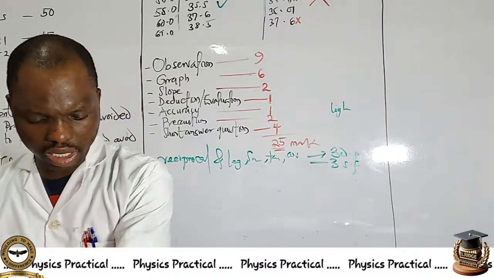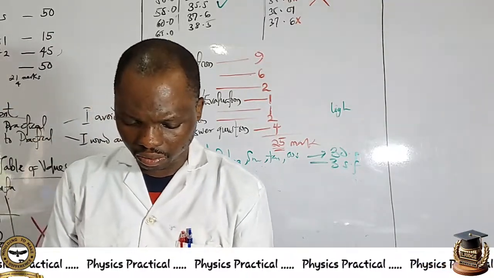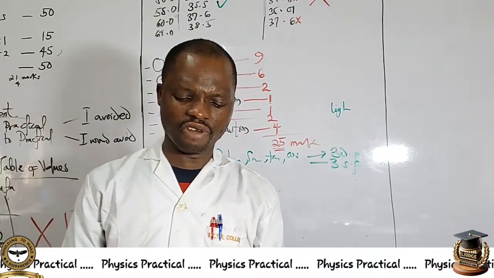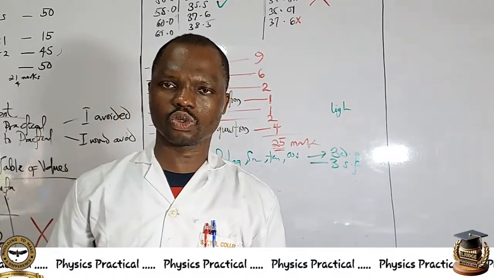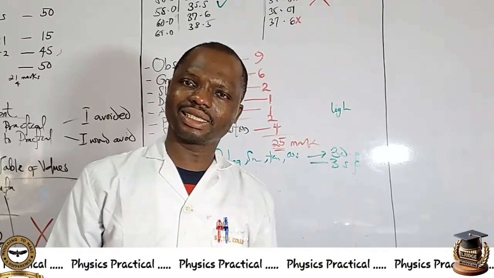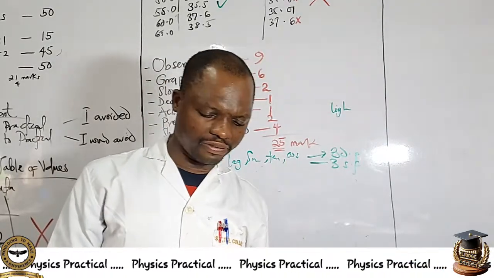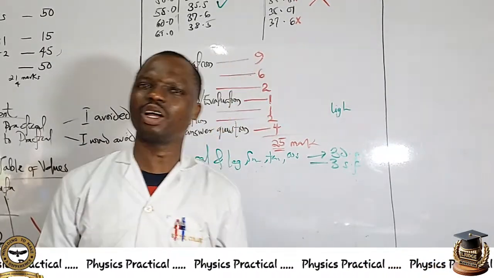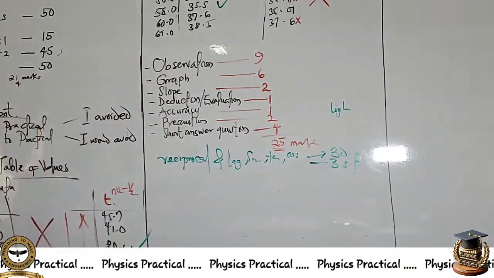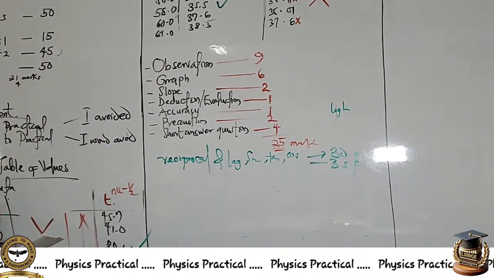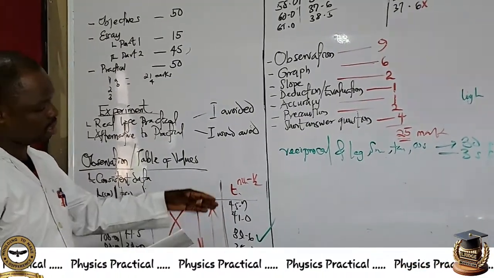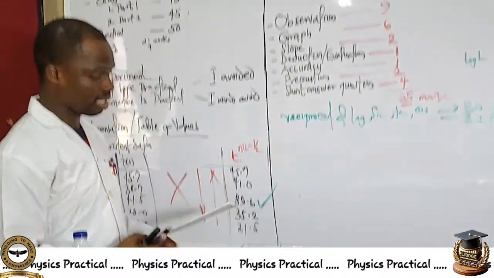Now there's also a clause here. If a candidate invents his or her own values, that is, these values are different from expected experimental values, we already know that the timing for a pendulum is always decreasing.